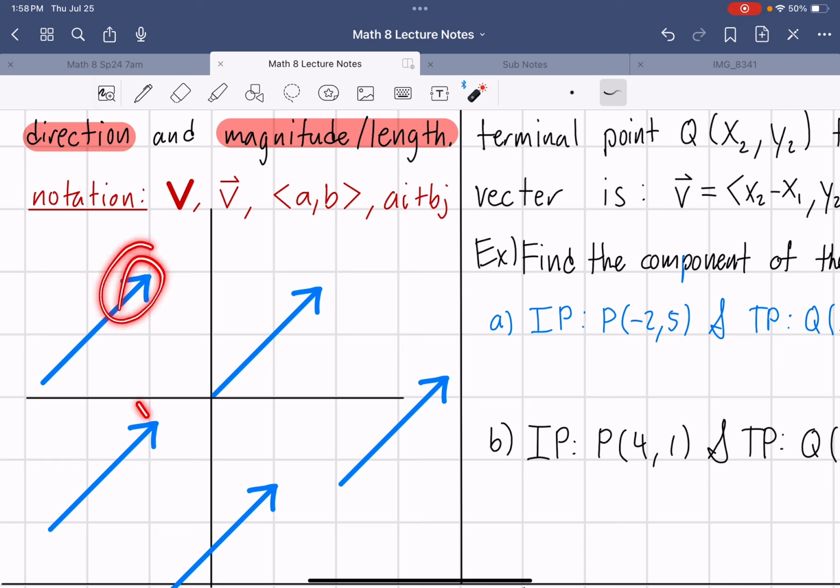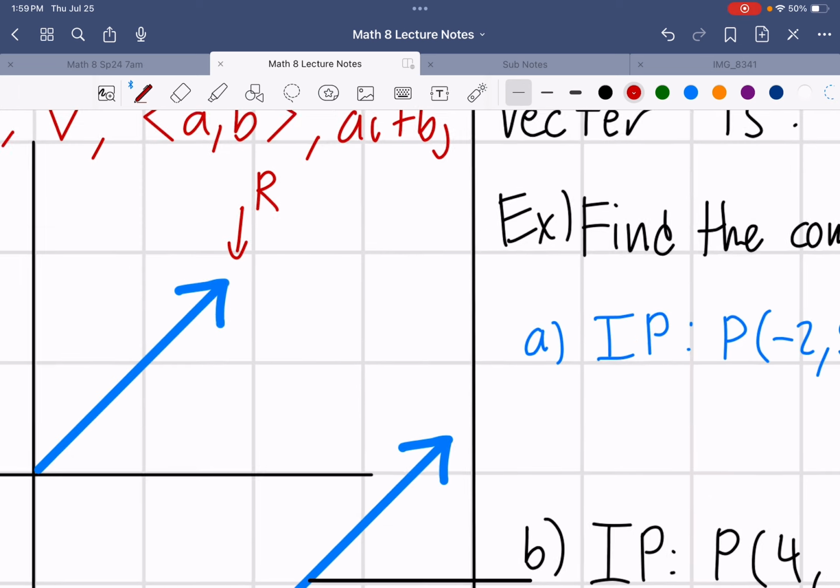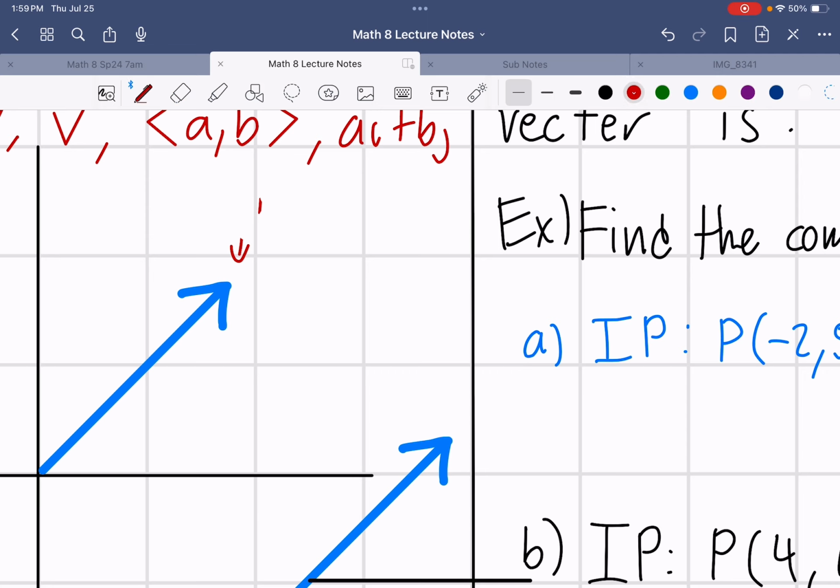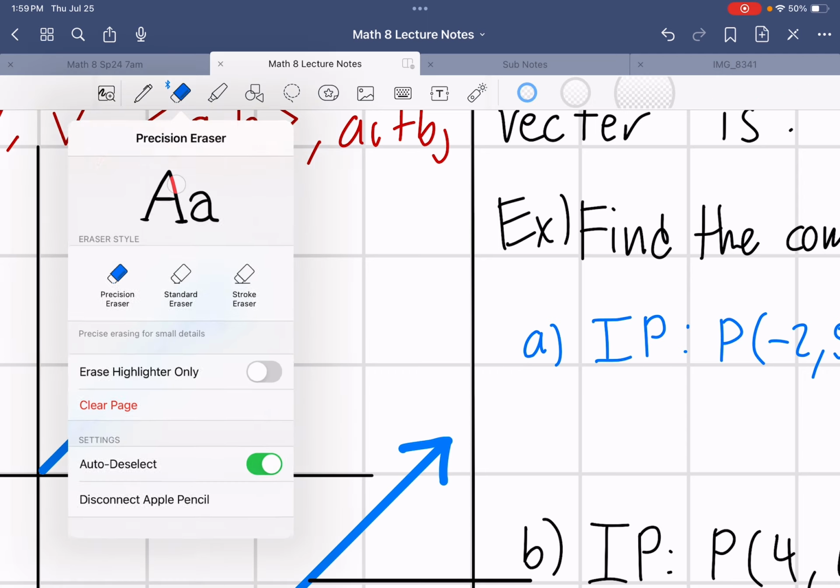Now, even though all these are the exact same vector, and you saw me copy and paste them, this vector here has a special name. That name is known as the representation vector. Maybe I should denote that differently.